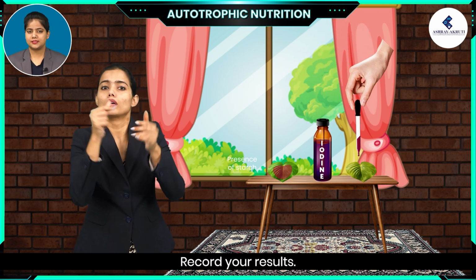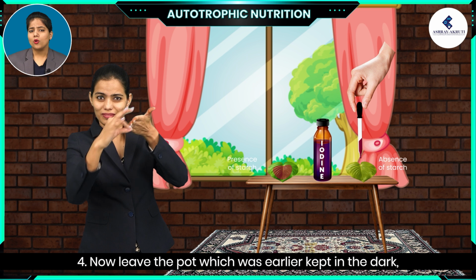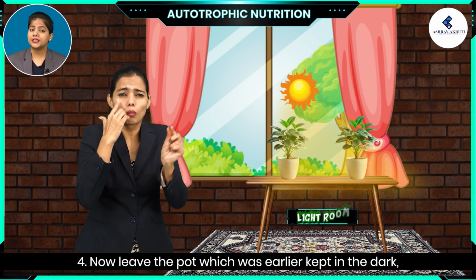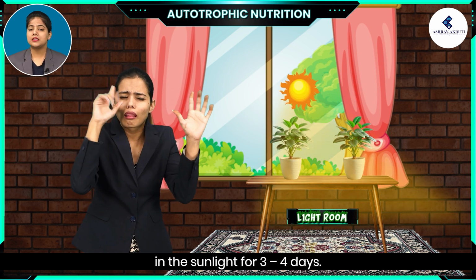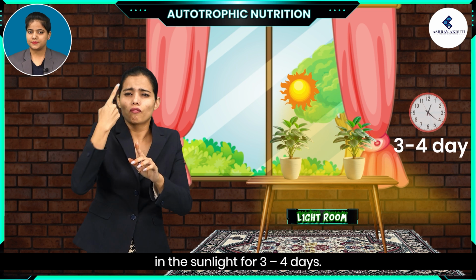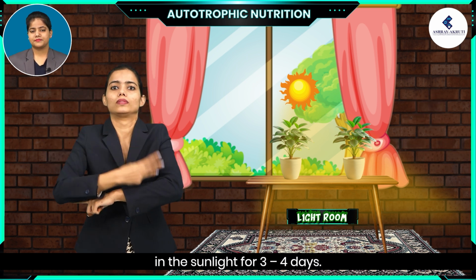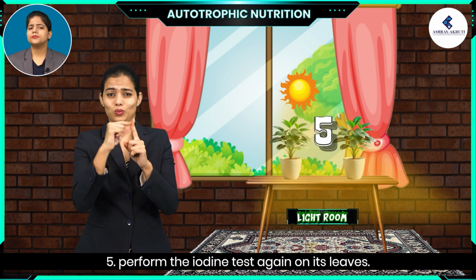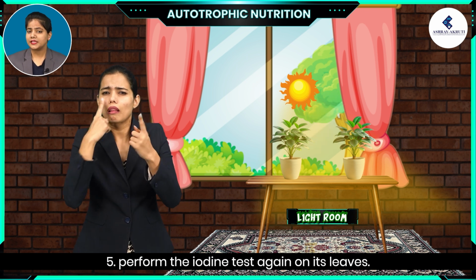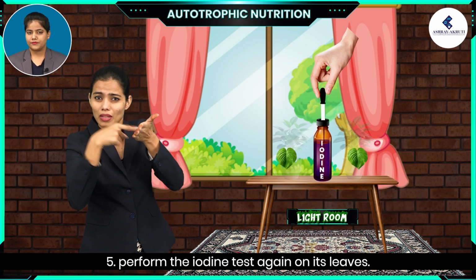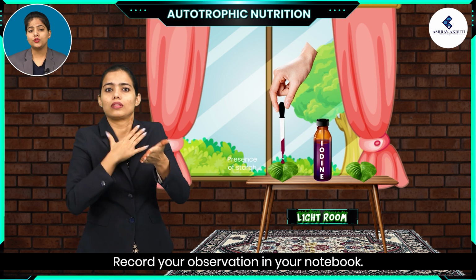Record your results. Number 4. Now leave the pot which was earlier kept in the dark in the sunlight for 3 to 4 days. Number 5. Perform the iodine test again on its leaf. Record your observation in your notebook.